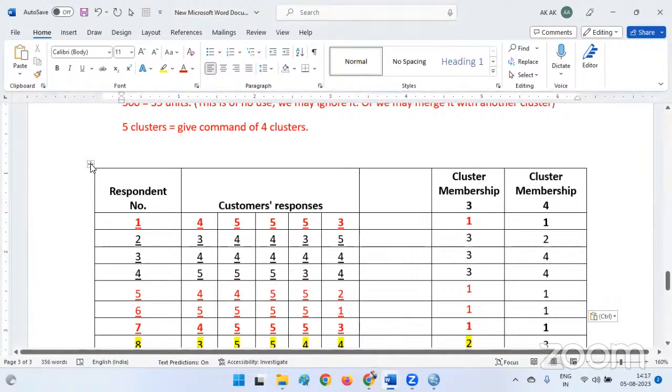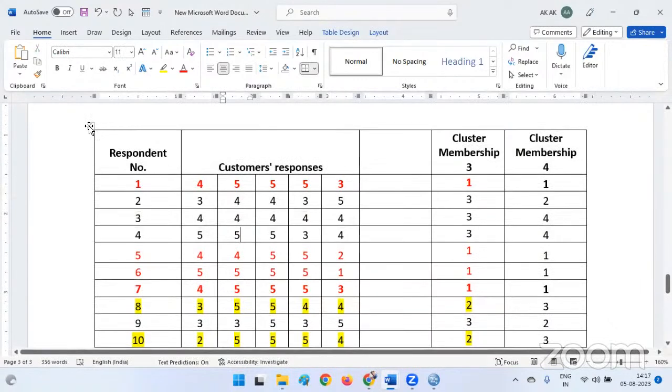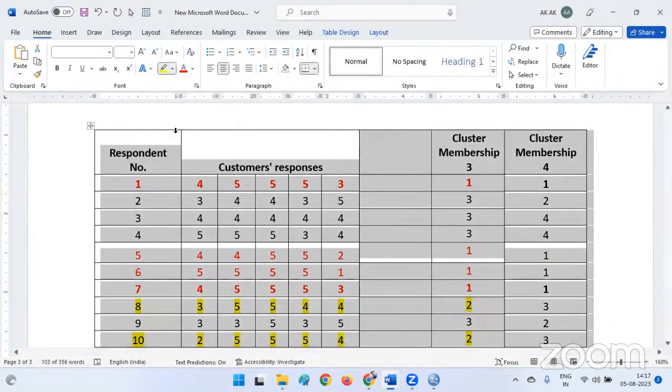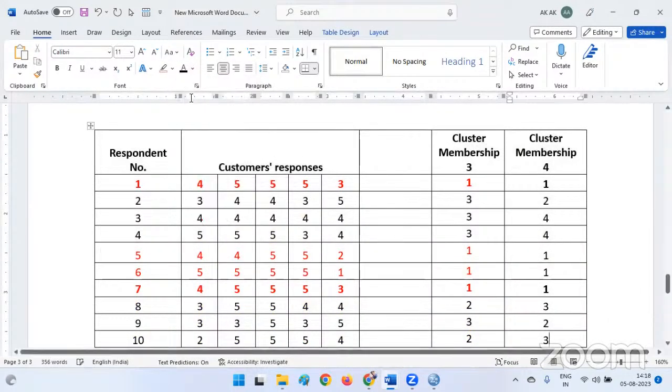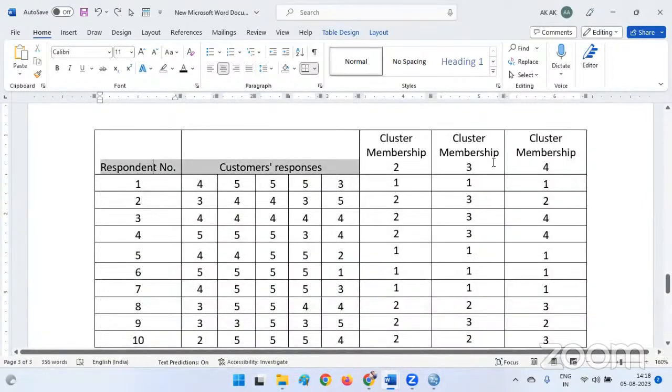Suppose you have collected data from 10 customers, okay, and you want to segment them.